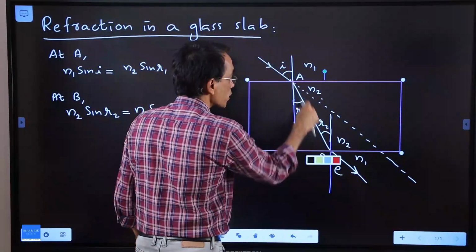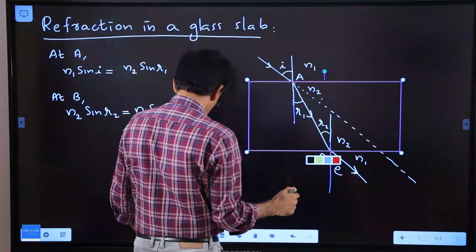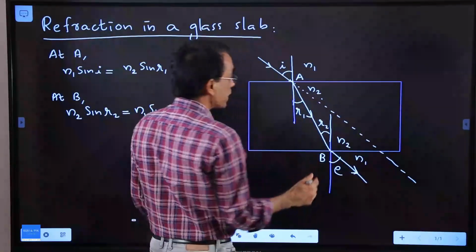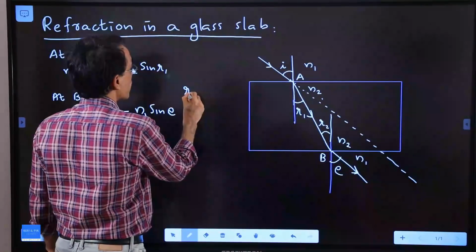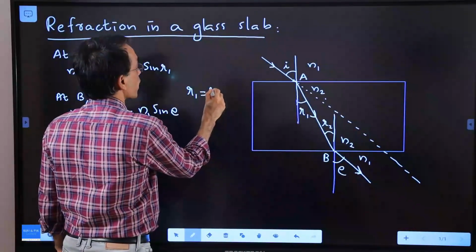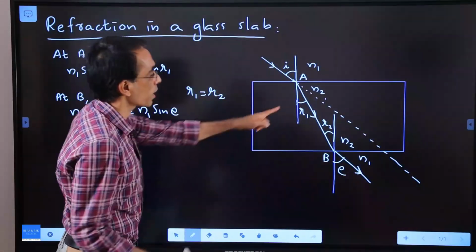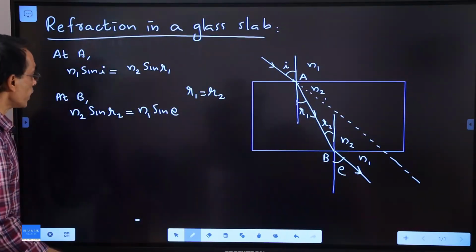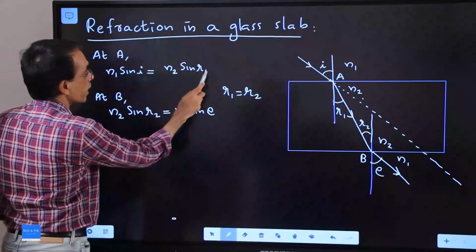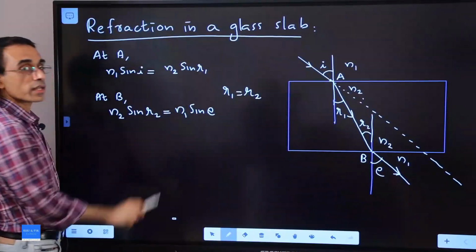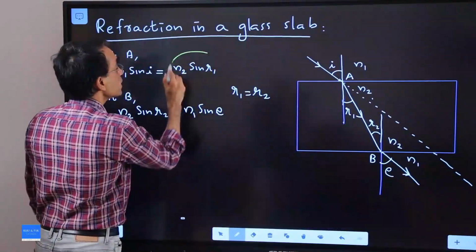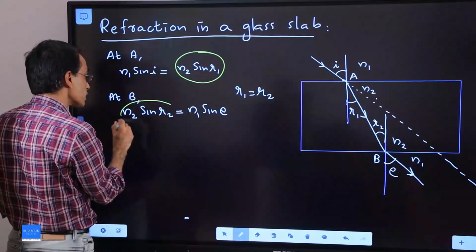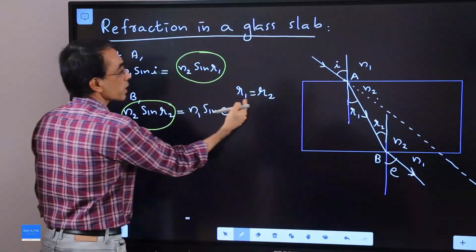Clear? But you should know, a glass slab has got parallel sides, and the ray passing through the slab is actually a transversal. Therefore, angle R1 should be equal to angle R2. R1 and R2 must be equal. What does it mean? N2 sin R1 must be equal to N2 sin R2. So these terms are equal because R1 equals R2.